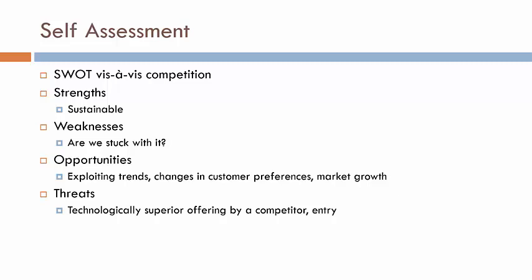Say, for example, you charge a lower price than the competition. Is that a strength? It is not a strength if it is not sustainable. So let's try and understand that. If the competitor can readily match it or even undercut it, then it's not a strength. However, it is a strength if your ability to charge a lower price results from having a lower cost structure than your competition. Then again, it'll be a strength because your competitor may not be able to do that.